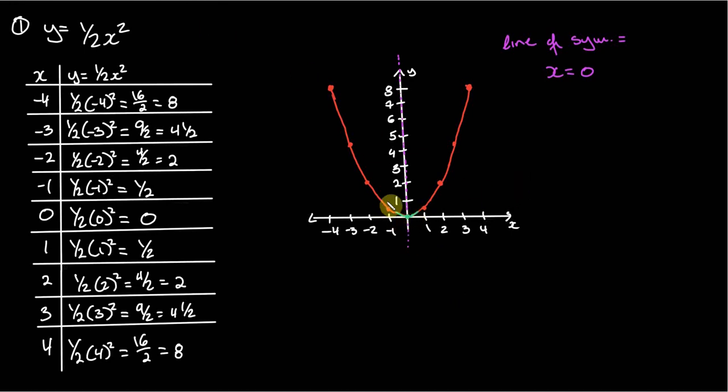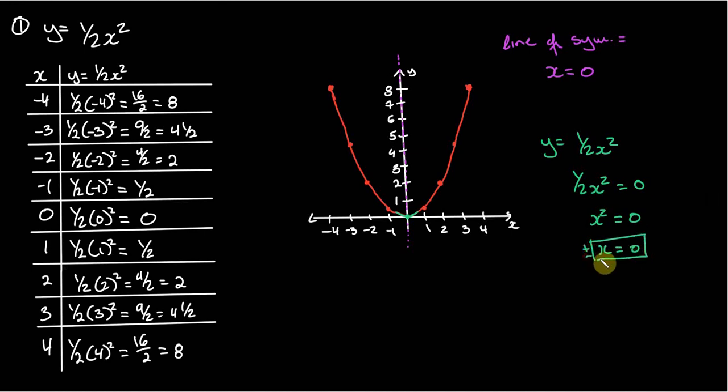And we can certainly show that algebraically. If we take y equals 1/2 x squared, and we set 1/2 x squared to equal 0, where y equals 0, you could divide both sides by 1/2, and 0 divided by 1/2 is just going to be 0, so you're still left with x squared equals 0, and then you could take the square root of both sides, and you're still left with x equals 0, okay?